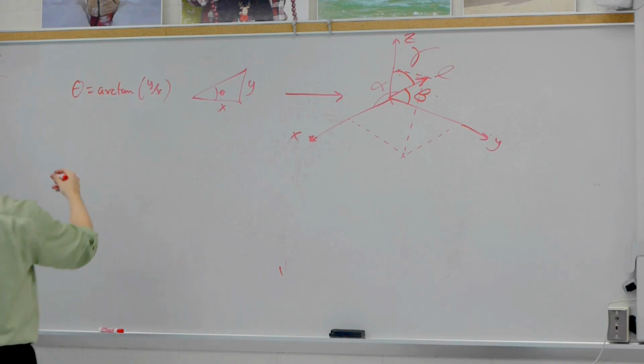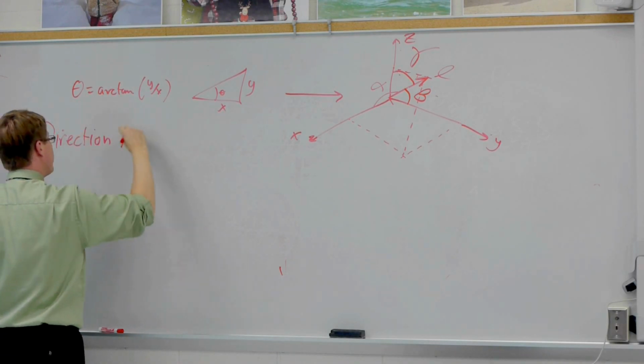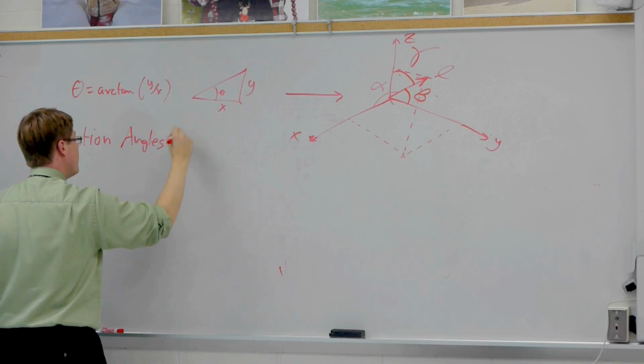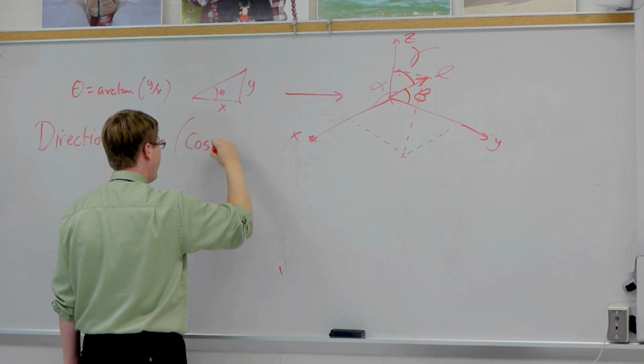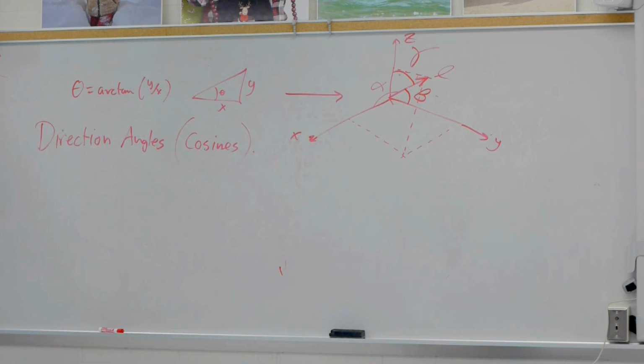Those are called the direction angles, or actually, and we'll see why they're called this in a minute, although you might be able to figure it out yourself, direction cosines. Why cosines?